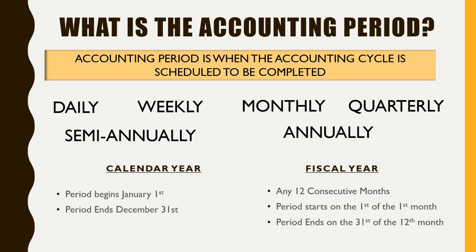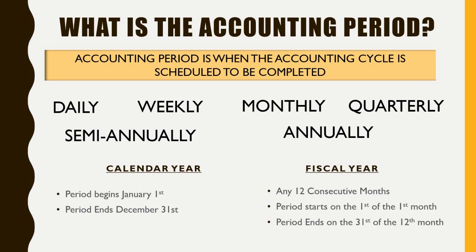But other things like banks, if you go to a bank teller, that is where you actually have to do accounting every single day, where you have to run the register to make sure that the amount of money you started out with, at the end of the day, equals the amount of money you completed your transactions with for that entire day. So a bank is going to want to run through the accounting cycle every single day, especially because you're dealing with money.